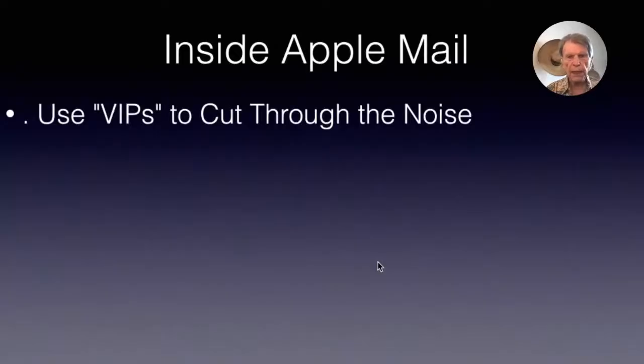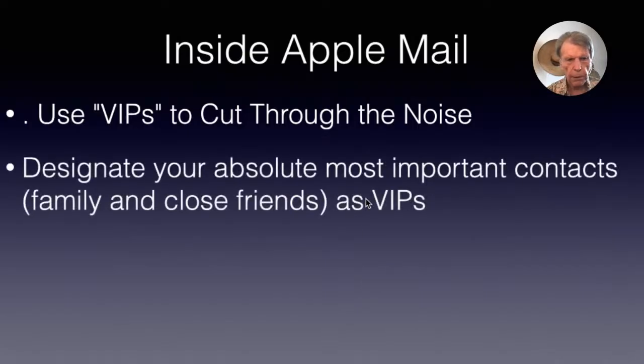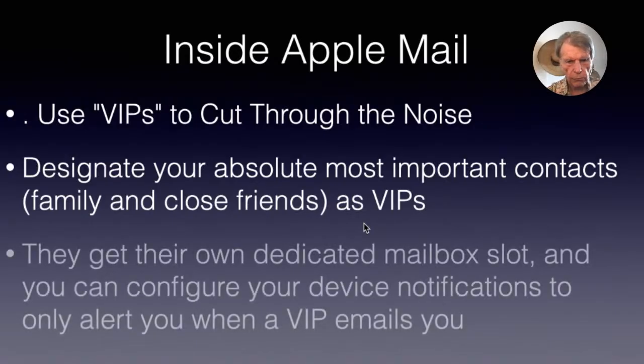So VIPs are a way to cut through the noise, get the important emails, and separate them from all the other ones that you get every day. So you would designate your most important people, like your family, your close friends, or your clients. In my case, all my clients are VIPs, so I don't miss any of their emails.